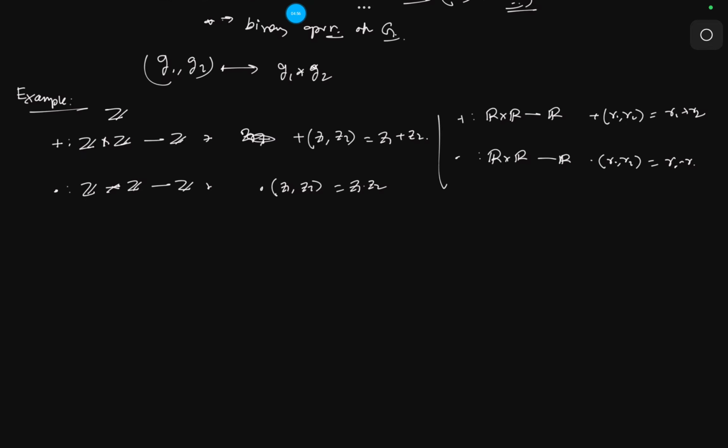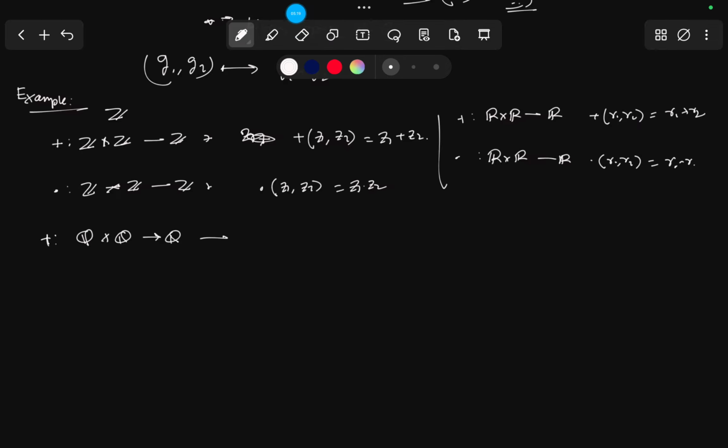And also another kind of binary operations we can work with, let's say over Q, the set of rational numbers. We can work on Q cross Q to Q such that plus of q1 comma q2 goes to q1 plus q2.